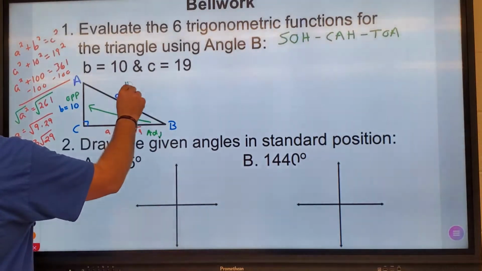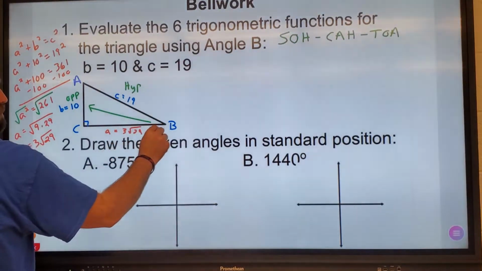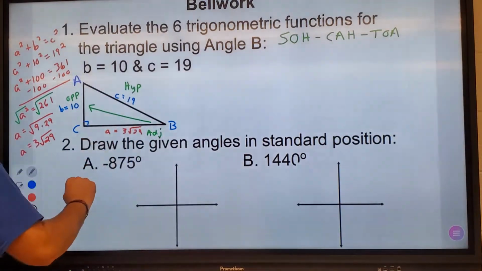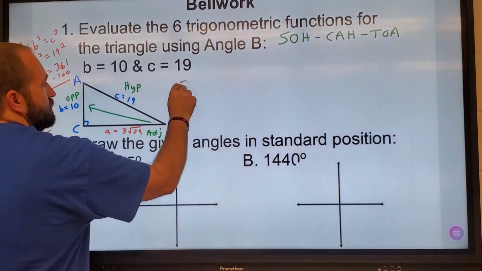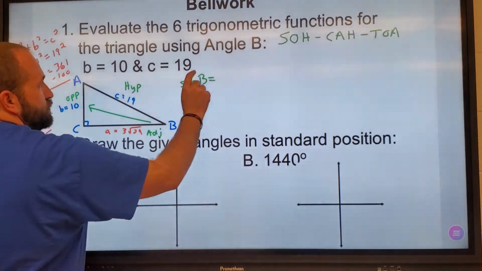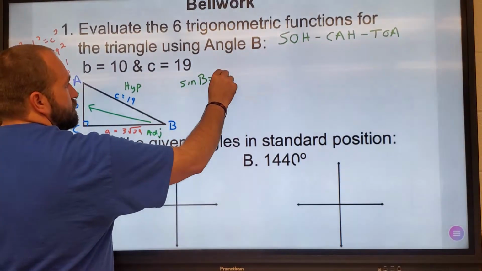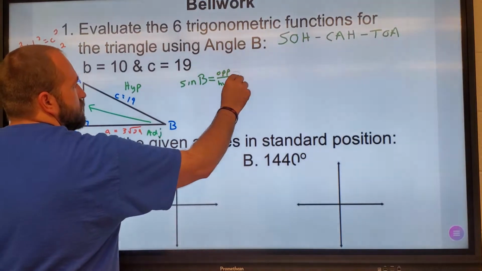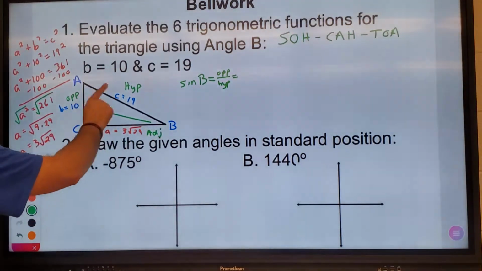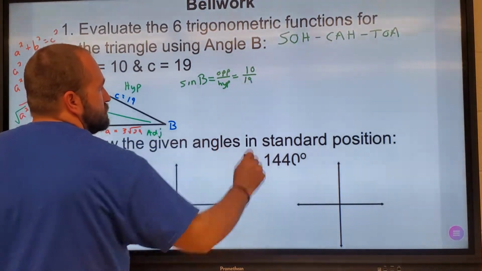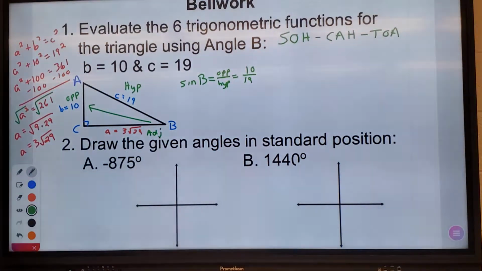And this is my hypotenuse. So sine of angle B is equal to the opposite over the hypotenuse, which is 10 over 19. I can't reduce that anymore, so that is my answer.